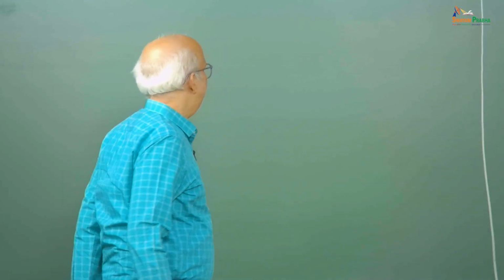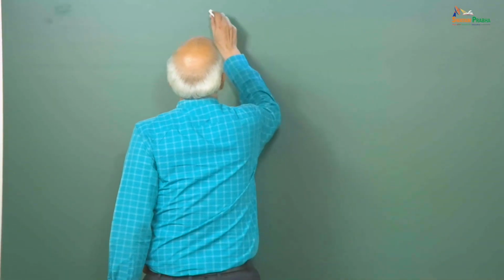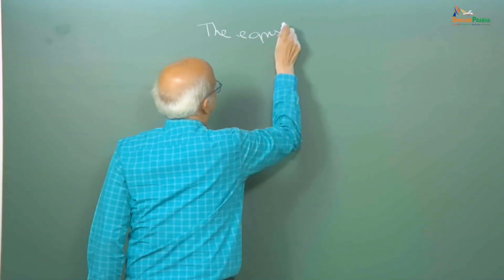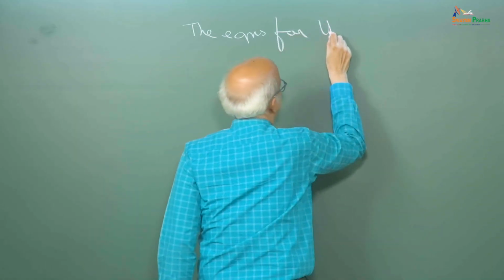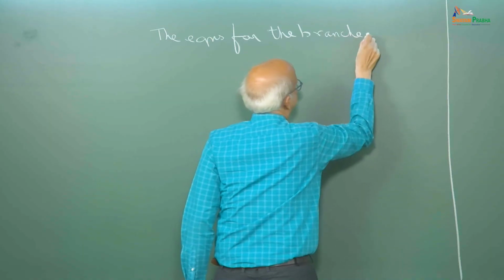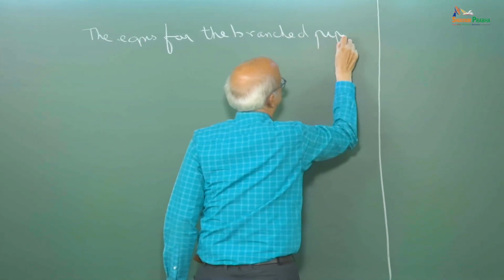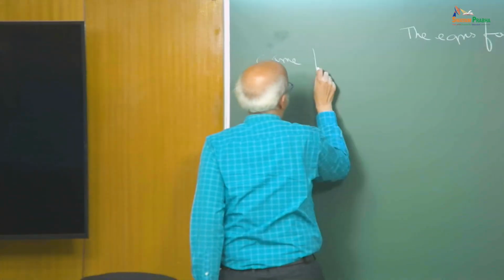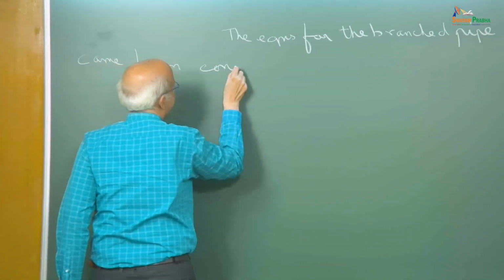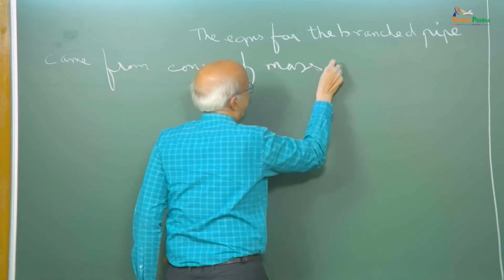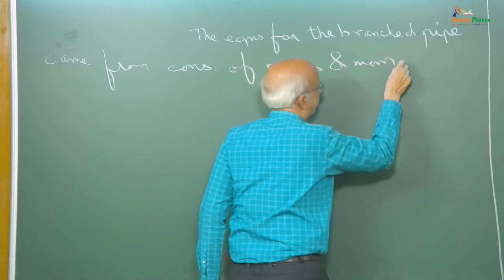One thing we saw is that the equations for the branched pipe came from the conservation of mass and momentum.